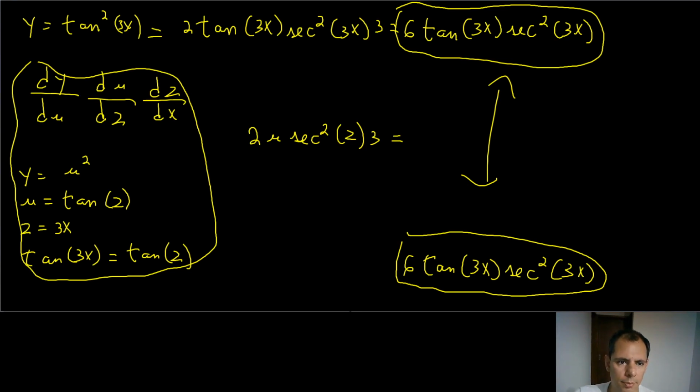Maybe one more example before I shut this thing down. So let's do this. You got 3x minus 2x squared, and you got a 3 here, and you want to derive. Let's do this directly.